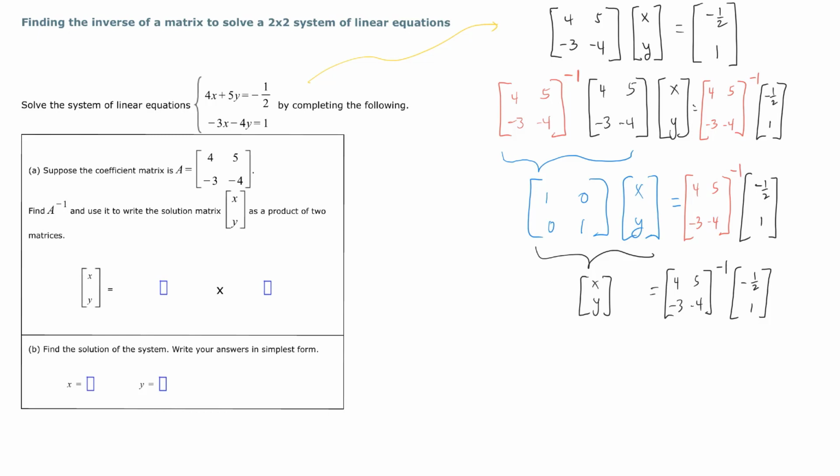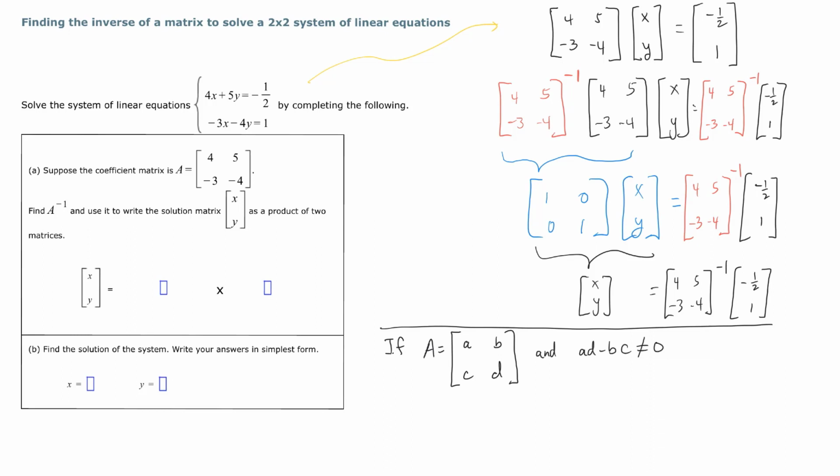So let's say if you have a matrix A that equals A, B, C, D, with 4 constants in those 4 positions, and AD minus BC is not equal to 0, then the inverse of A can be given with this formula.